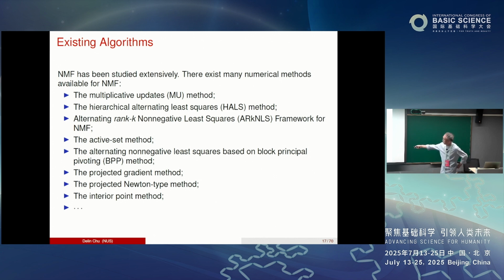Then we also have a method called the active set method developed by Kim. Also the BPP method is developed by Kim. Also the gradient type method, Newton type method, interior point method. Actually, all optimization techniques have been applied to the non-negative matrix factorization problem.